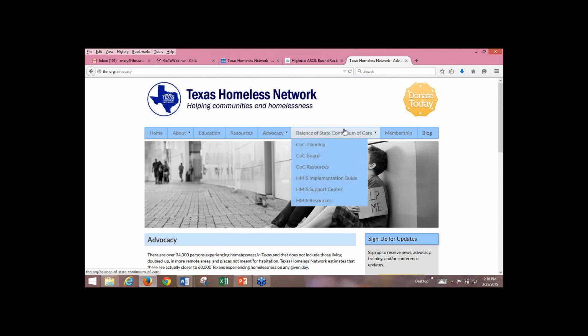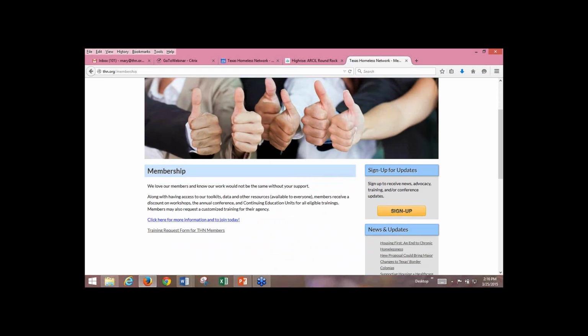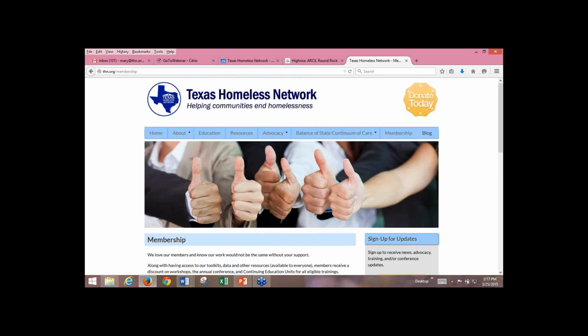And then there's our Balance of State COC tab, which, because you all are in Balance of State COC, you might be most familiar with. And then there's THN membership. That is an opportunity for you to support the work of THN and get discounts on some of our trainings if you are a member. It's different from being a member of the BOS-COC, which you automatically are because you are in the geographic area.